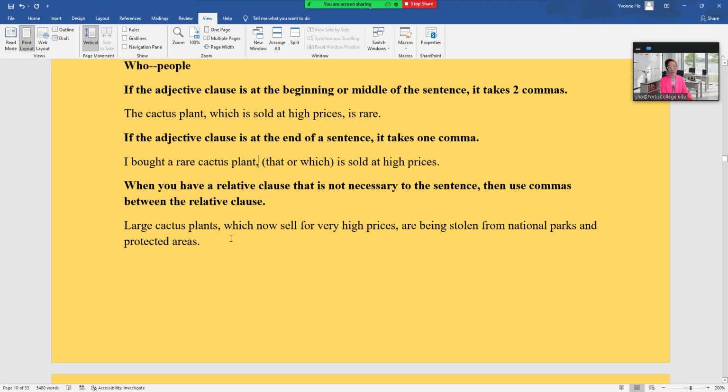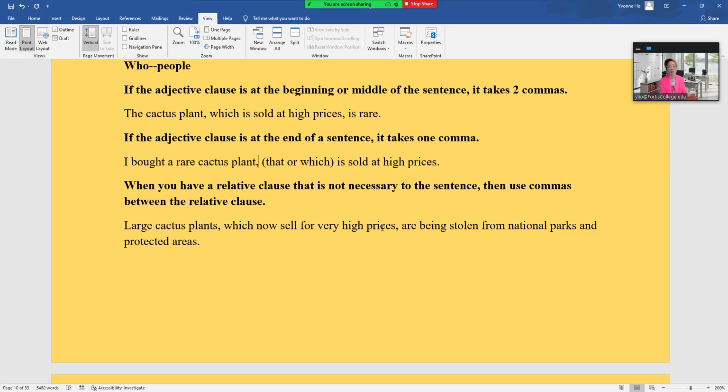So "Large cactus plants are being stolen from national parks and protected areas." That is the complete independent clause, complete thought. If I were to take the rest out, it doesn't matter, right? So that's why we use the commas. We always use 2 commas if it's not necessary.